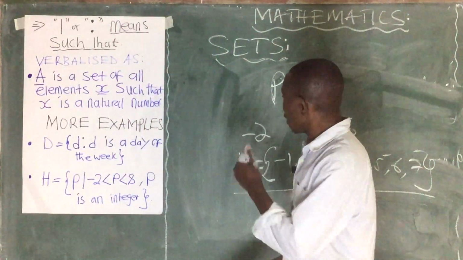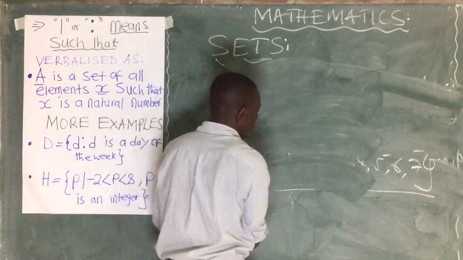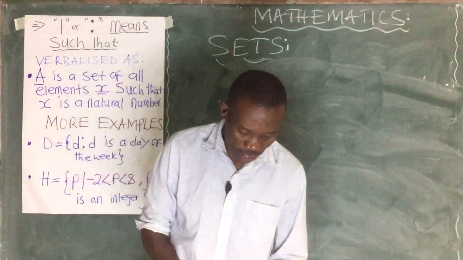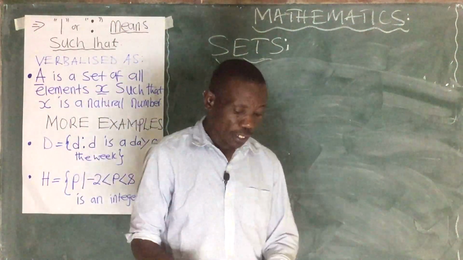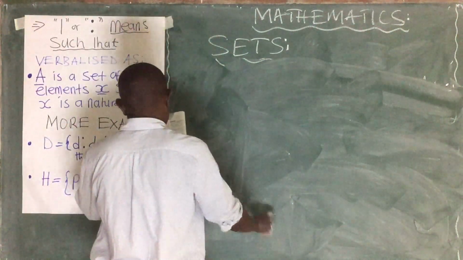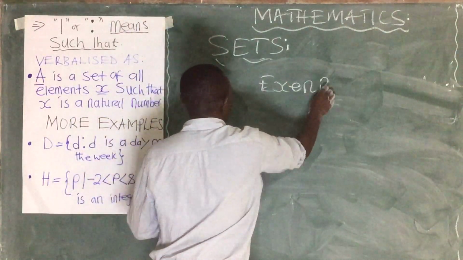So on your own, can you try to work out the following? If I ask you to list out the elements of a set defined by this, how do you come up with it? More like a simple exercise.